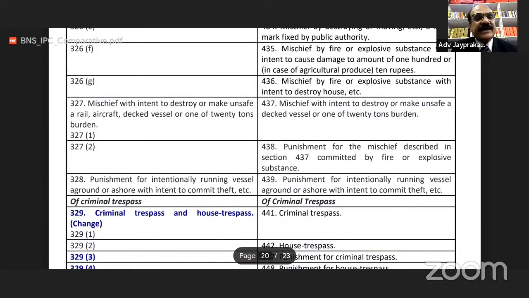BNS section 327, mischief with intent to destroy or make unsafe a rail, aircraft, decked vessel, or one of 20 tons burden. Earlier section was in IPC 437.